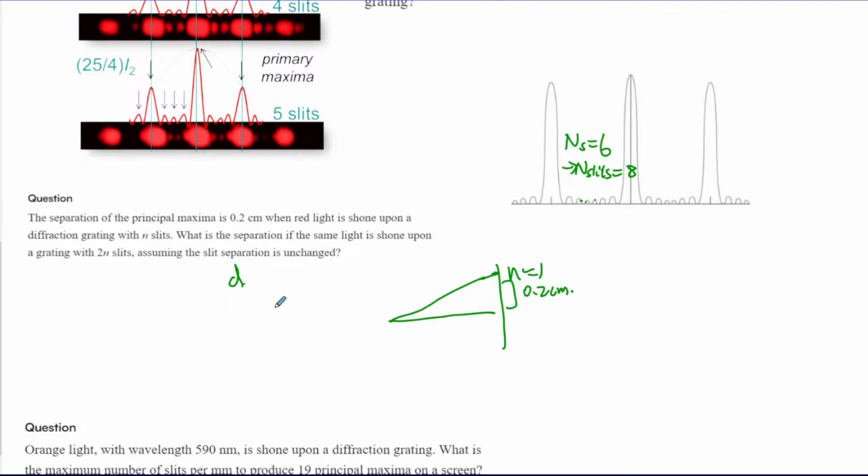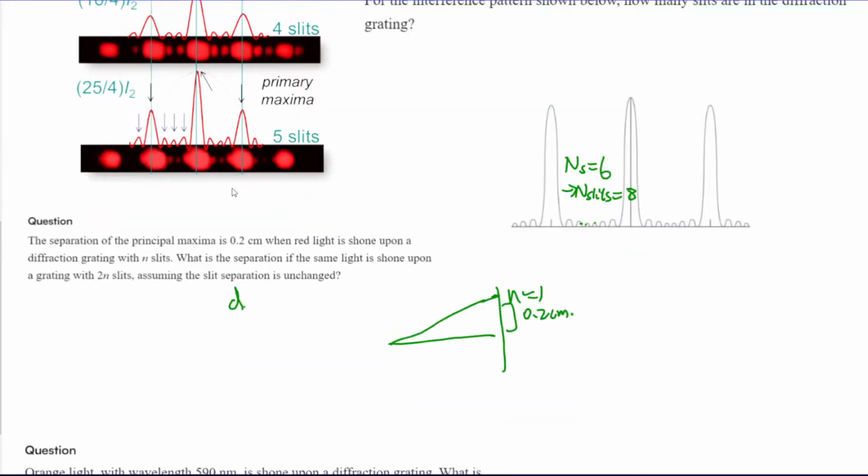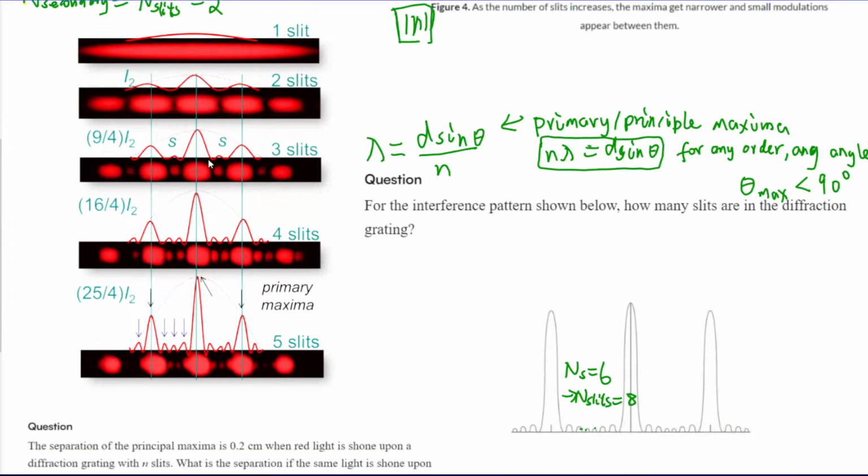As long as slit separation does not change, you can shine even more slits. You will not change the separation of the diffraction, the principal maximum at all, right? Because the principal maximum is always at the same spot.